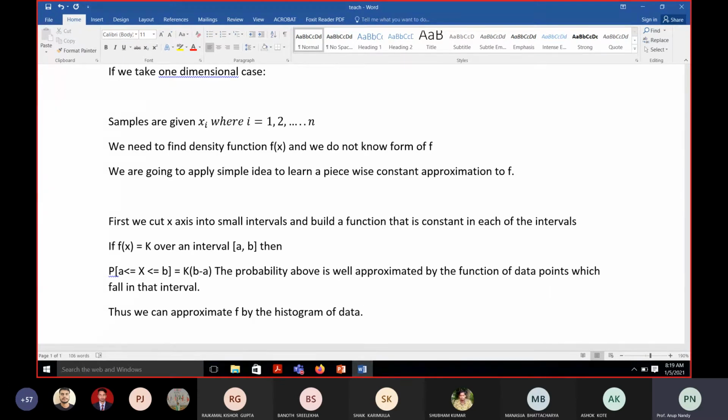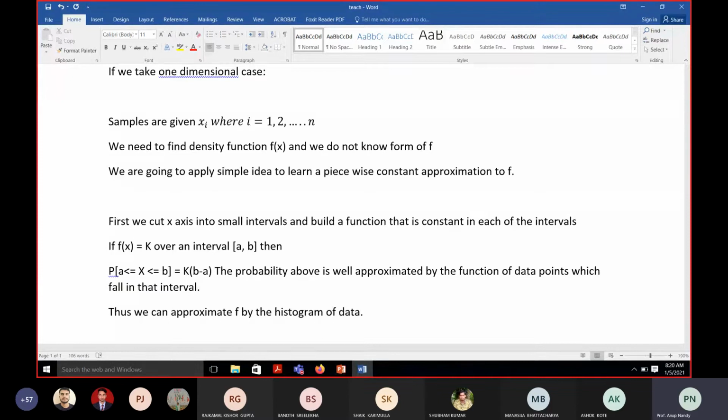If you have this in a single dimensional case, then you can do it in this way. You can approximate it this way.